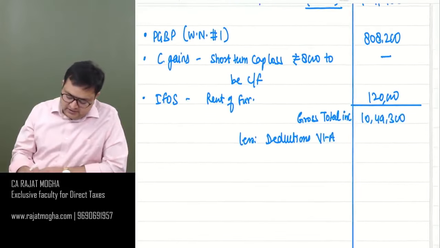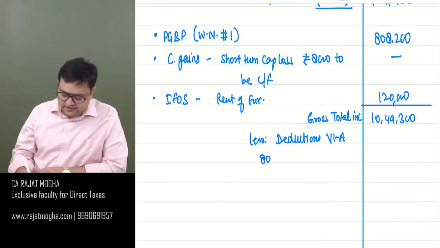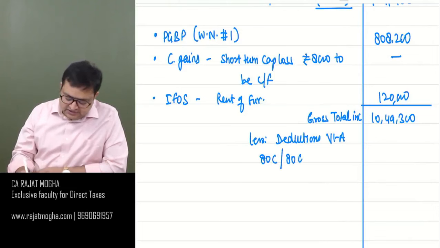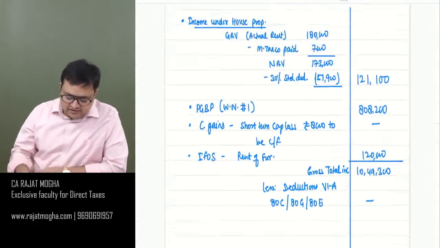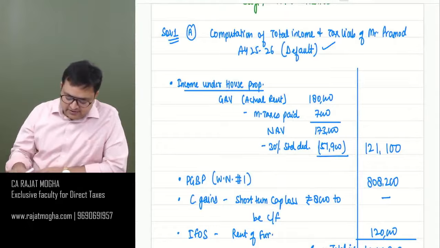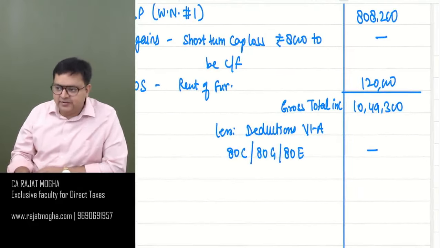Correct. And see, although you can skip it, still 80C deduction is there. 80G deduction is there. 80E deduction is there, but we will not allow anything in default. We are actually doing the default regime. So these 3 deductions are there in this question, but we cannot allow them.